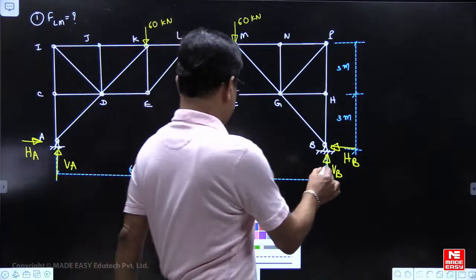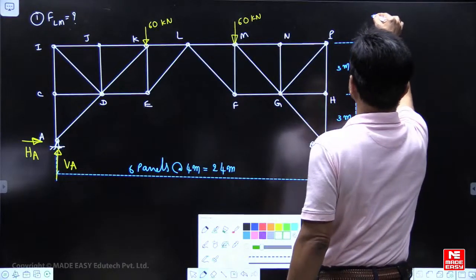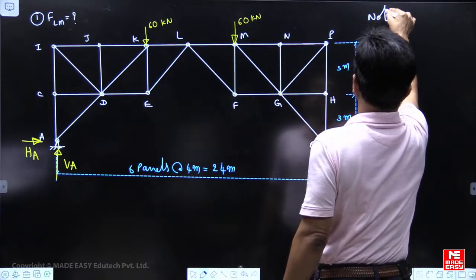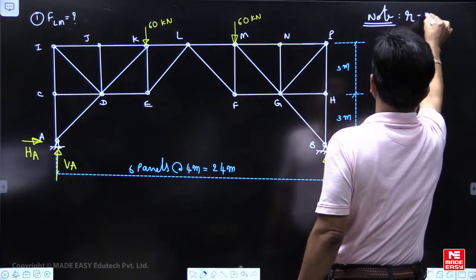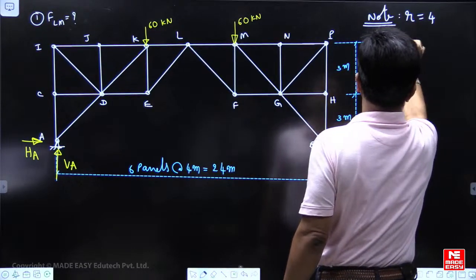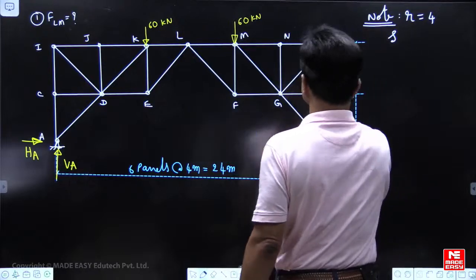This is our line of thinking. Number of reactions are 4, equations of equilibrium are 3.